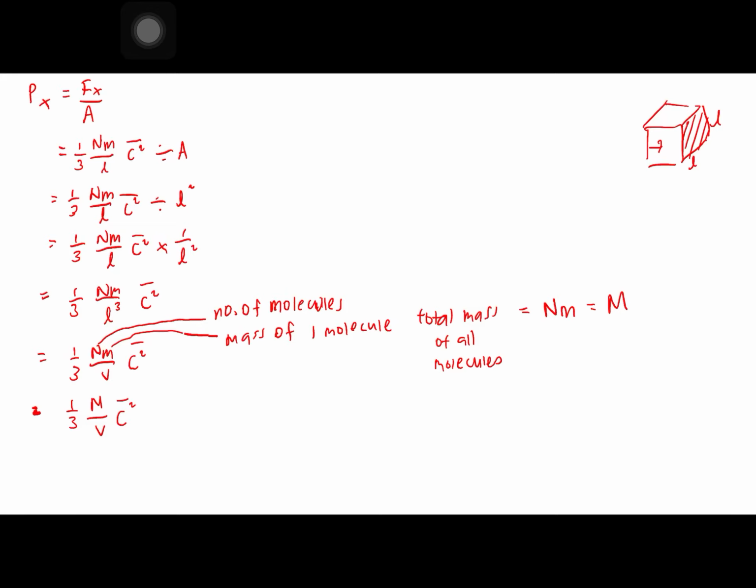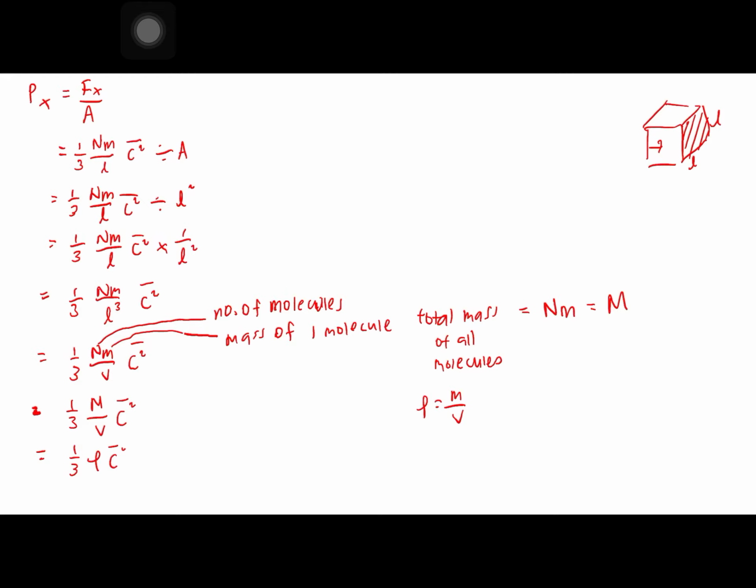What's mass over volume? The mass of all the particles divided by the volume it takes up. Remember we said density equals mass over volume. So this actually equals 1/3 density c square. This is the first equation that you were supposed to derive, isn't it?